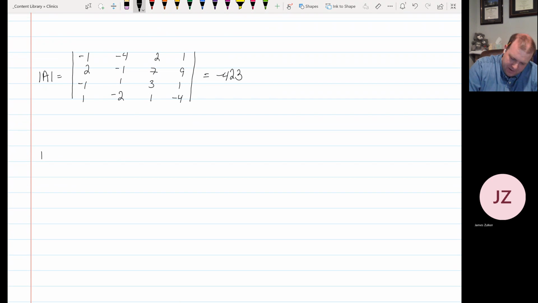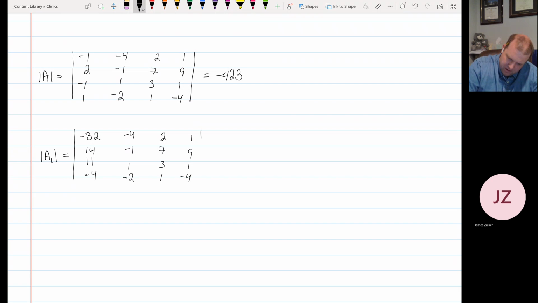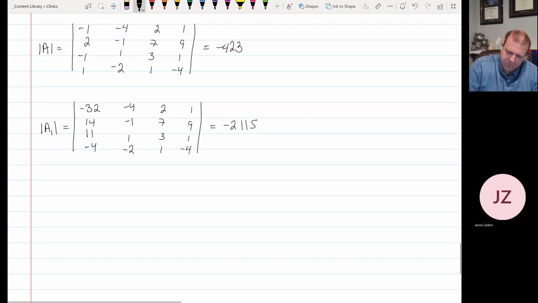Now we're going to need the determinant of A1. Same idea: take the first column of A and replace it with B. It's -2,115.